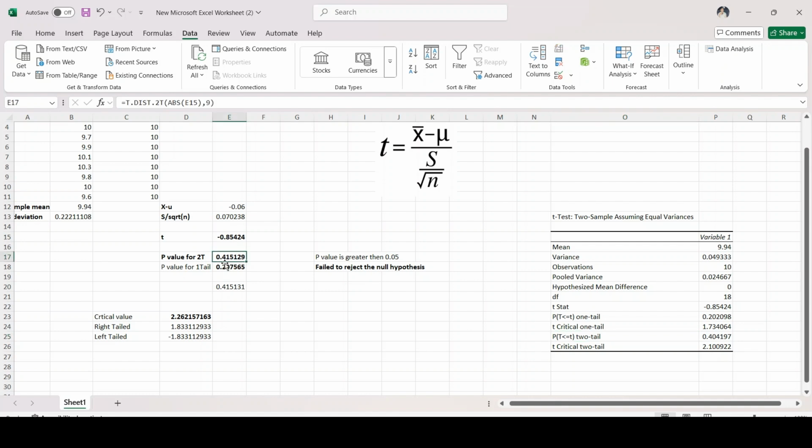So here we have found that it is also close to that 0.41. Same, we can conclude to fail to reject the null hypothesis because it is exceeding the significance level. And here you find the critical region for one tail is 1.73. That is also close to this 1.8, right? For the two tail test, that is 2.1, so it is also 2.2.